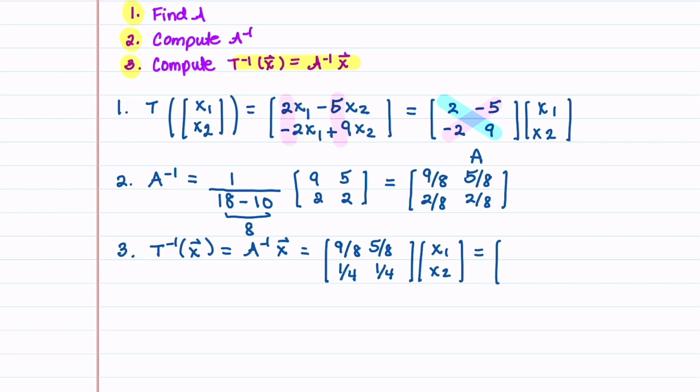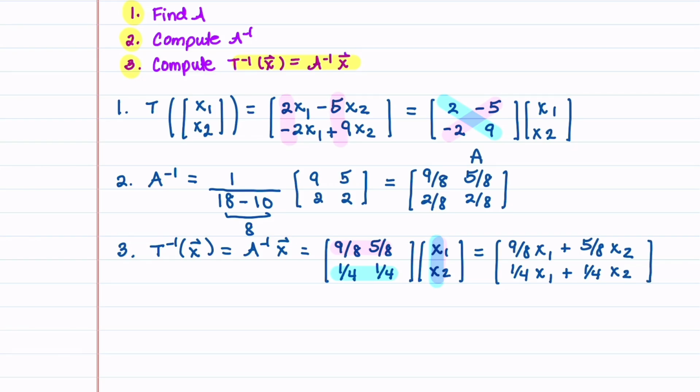So to multiply this, we're going to take our first row and multiply it by x1, x2. So we get a 9 over 8 x1 plus a 5 over 8 x2. Now we're going to take our second row and multiply it by x1, x2. And that's going to give us a 1/4 x1 plus 1/4 x2.